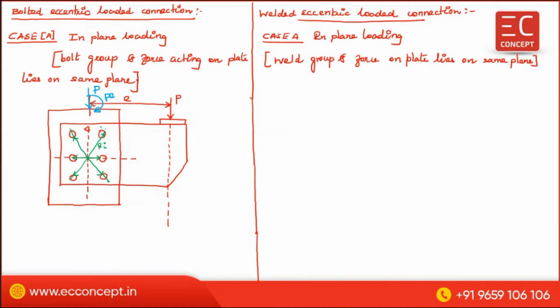Okay. Now see, the resistance or the counteraction of this P developed on this bolt, that is PD, and similarly the resistance corresponding to this clockwise twisting moment will be developed in such a way that it is anti-clockwise.